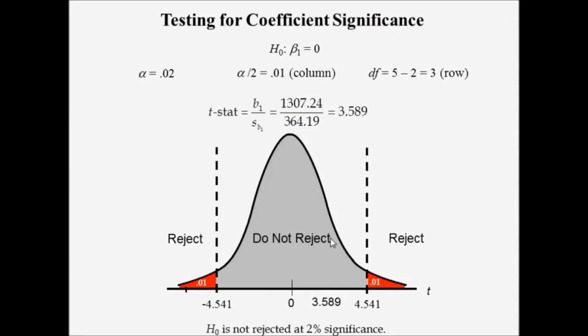So when the p-value is big relative to the alpha level, the t-statistic is close to 0.